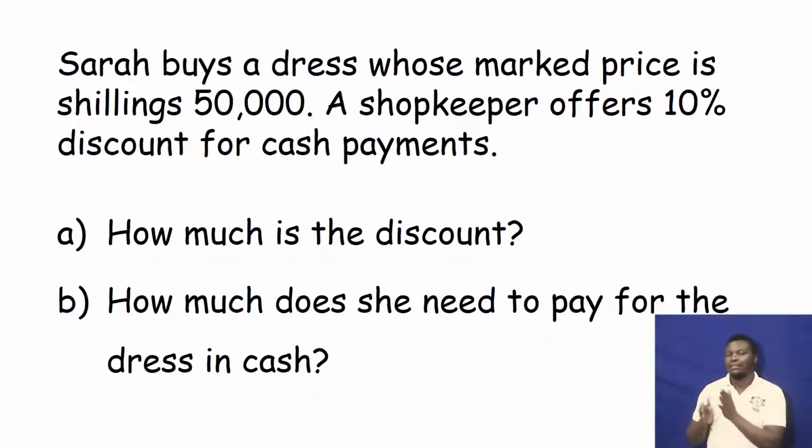Now, let's identify what we have. Sarah buys a dress. The marked price is the price that you find showing on the dress if you go to, for example, a big supermarket or some of the shops that are big, because the items are many, so they try to put a label on each one of them to show that this is the price for this item.